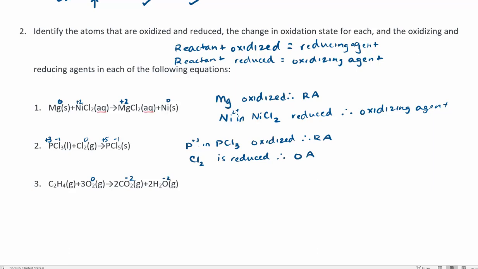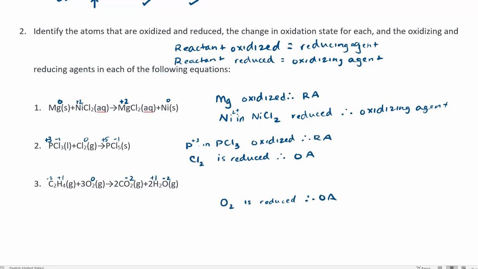Here we have oxygen in its elemental state, so it's a 0, and in both of these compounds, it's a -2. So the oxygen is reduced. That means something else is oxidized. So let's look. This hydrogen, we're going to assign hydrogen a +1. Hydrogen isn't changing, so it must be the carbon. So the carbon is going to be -2 here.